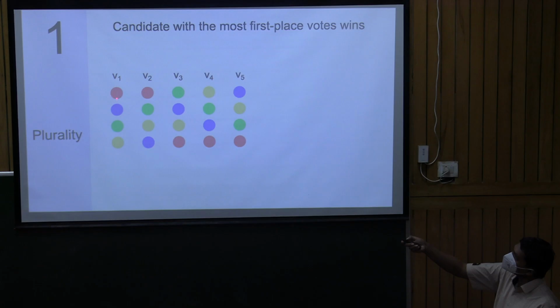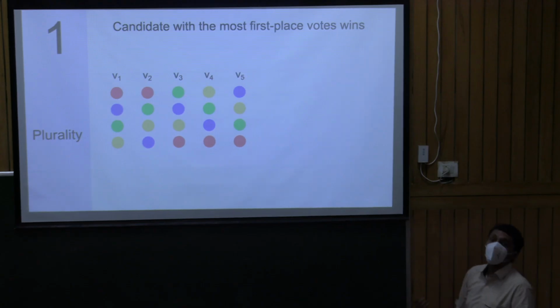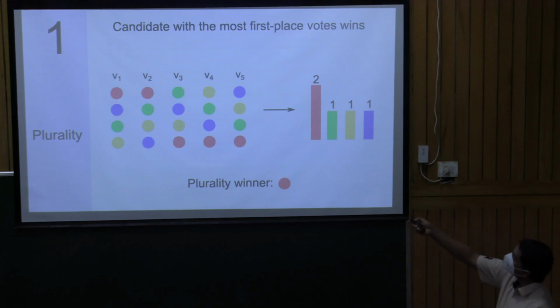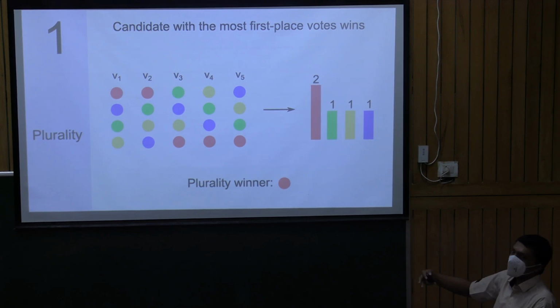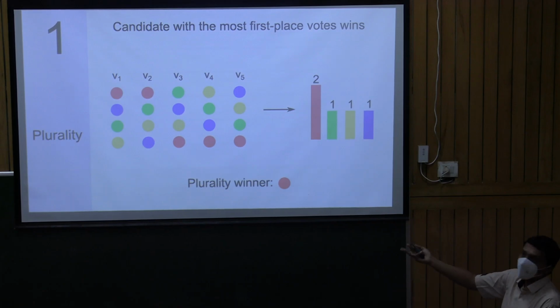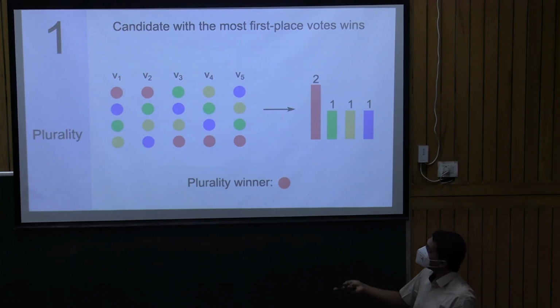So it's going to look at the first place choices of all the voters, the top row here, and the candidate that occurs the most often in those first place votes is going to be the winner. So who should be the winner here? Red, right? So red gets 2 points because it has 2 first place finishes here, and everyone else gets 1 point. So it has maximum plurality points. That's why it's the plurality winner. And thankfully there was no tie.